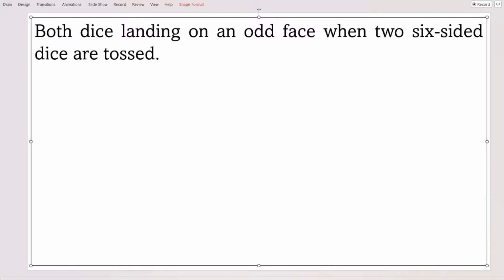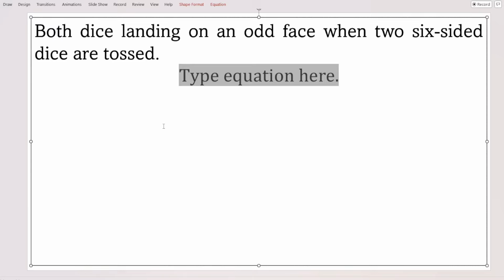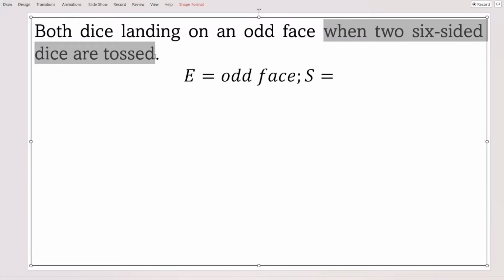The question here is, what is our S? Our E is getting an odd face. What is our S? Our S is again all the possibilities when you throw 2 6-sided dice. You can look at S as all the outcomes without conditions.